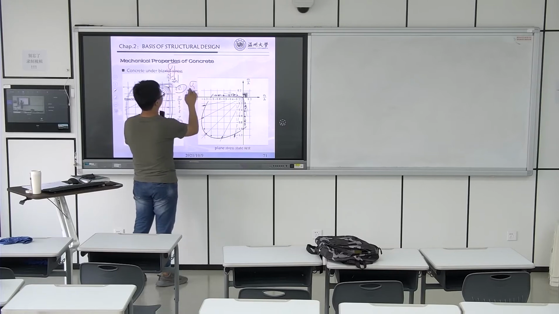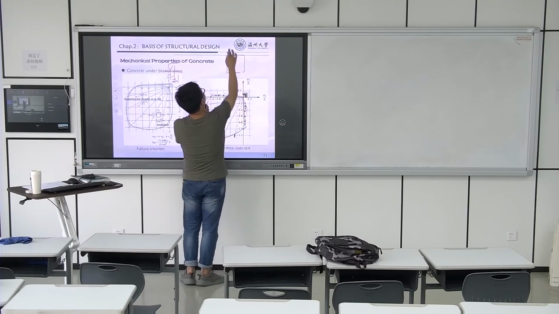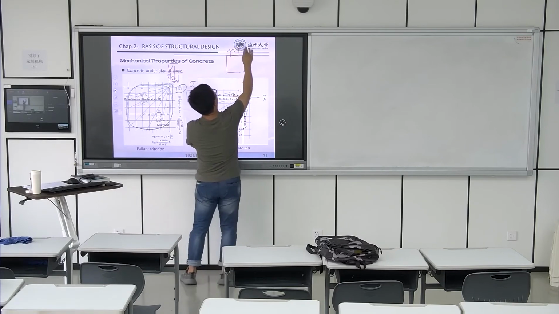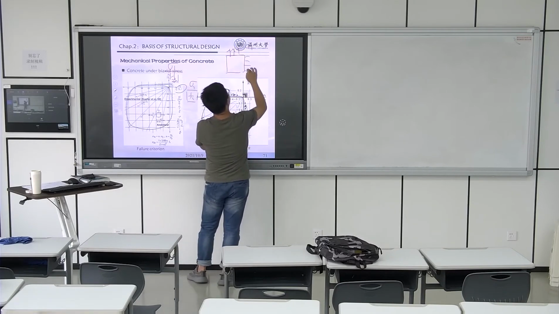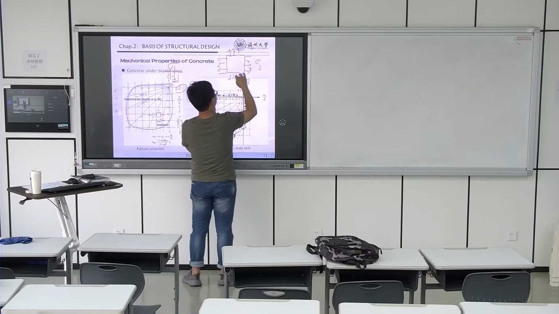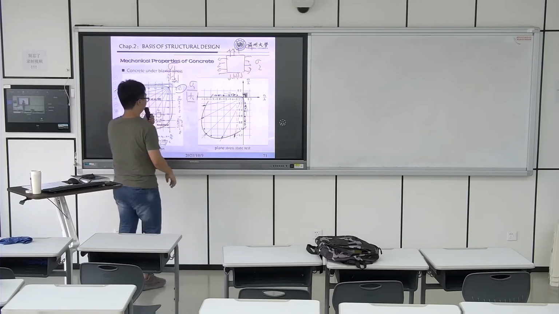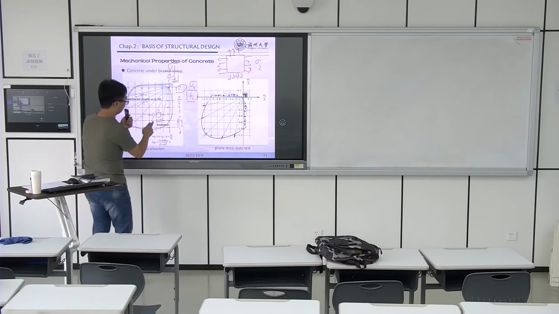Here we can easily understand it as just sigma 1 and sigma 2. Yeah, and we draw the curve. Look at here.